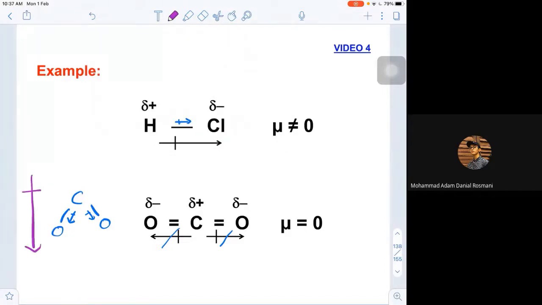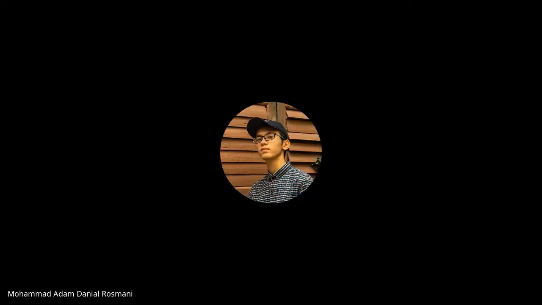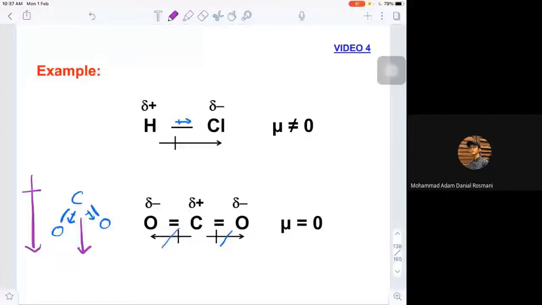Because it is like the vectors that we have learned in our school time. When the forces are summed, the total is actually downward.